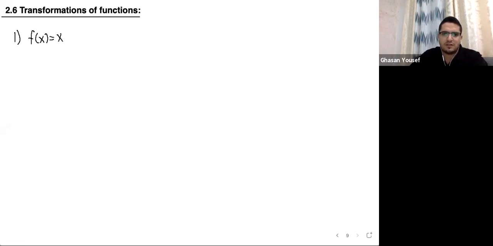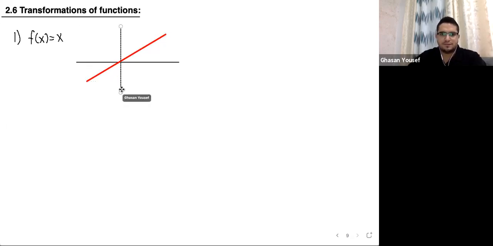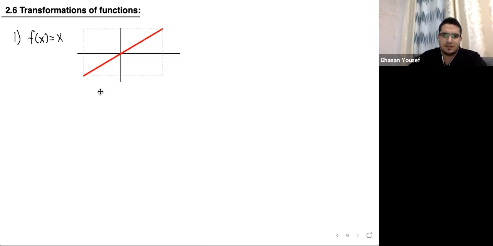The graph is a line like this. When you see f of x equals x, you should know it is a linear function.